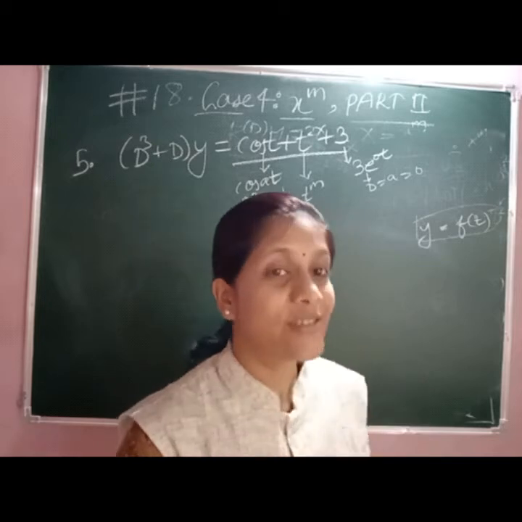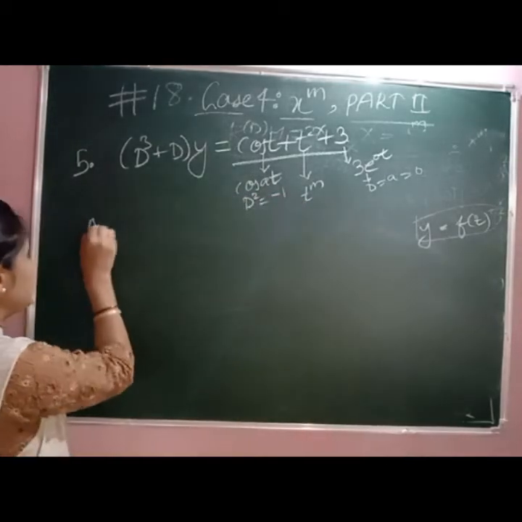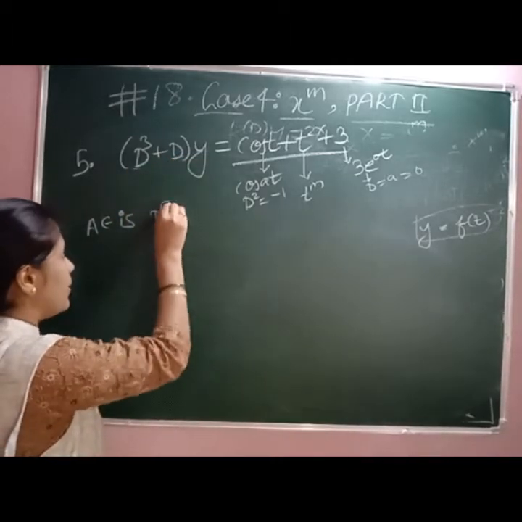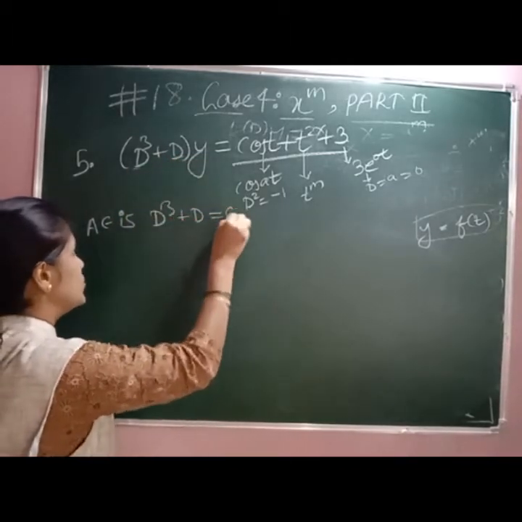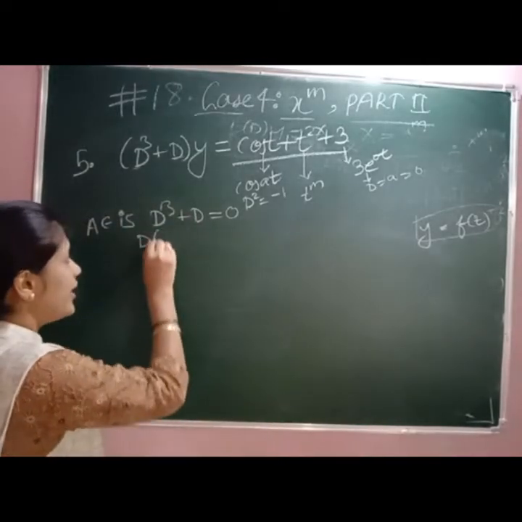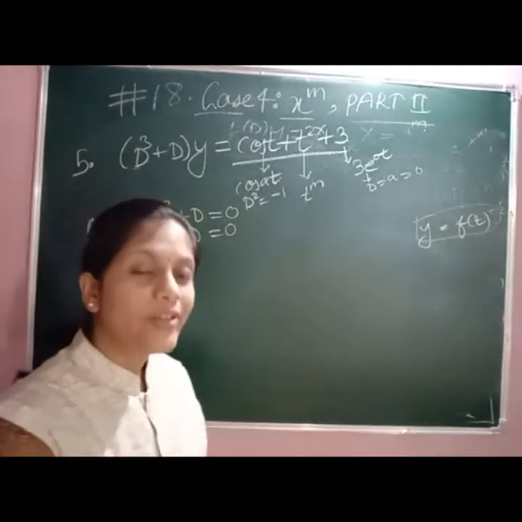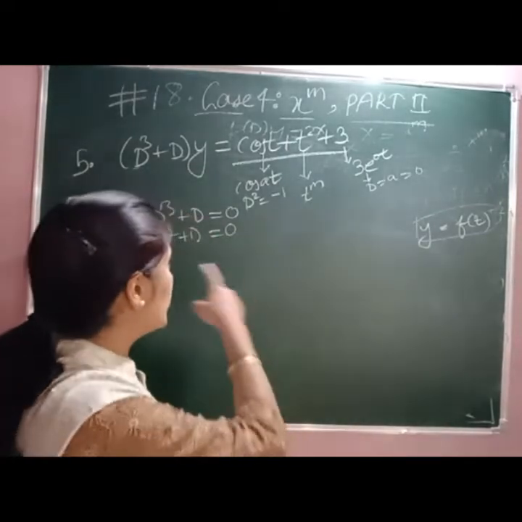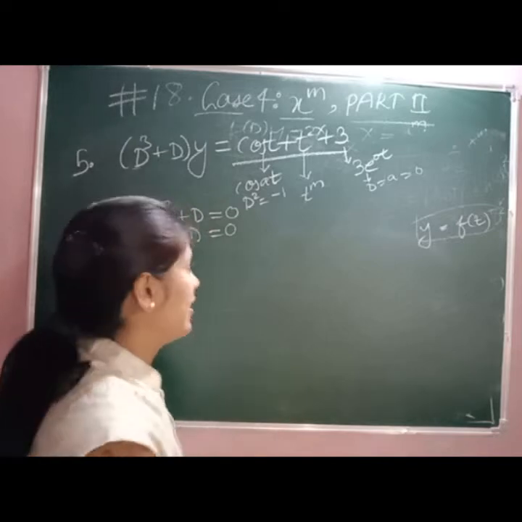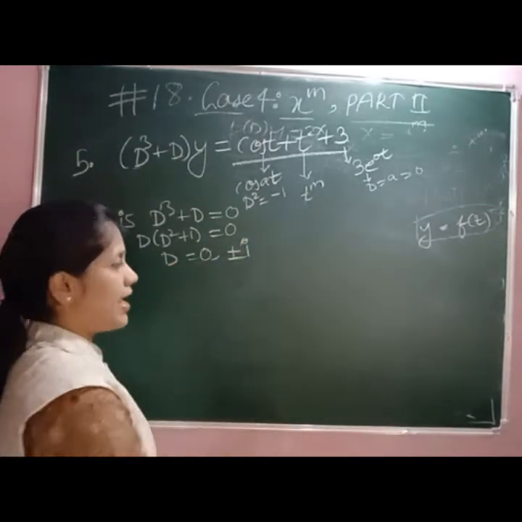So let us start solving for CF. The auxiliary equation is D cube plus D equal to 0. What do we observe here? D is common. So D into D square plus 1 equal to 0. What does this give? D equal to 0, and D square plus 1 equal to 0, so D equal to plus or minus i, that is 0 plus or minus i.